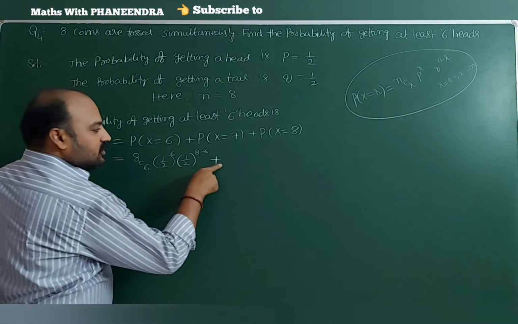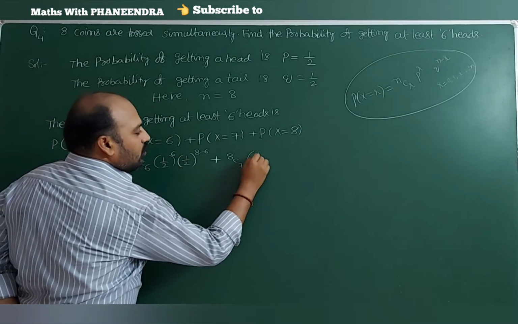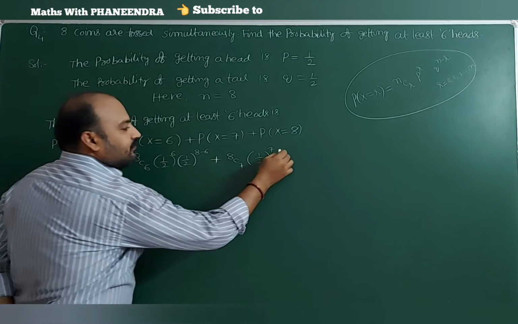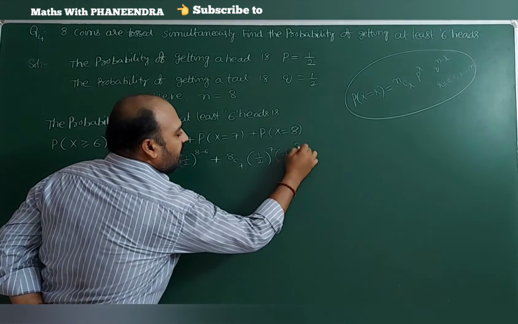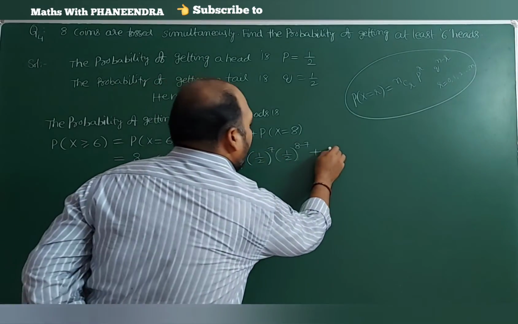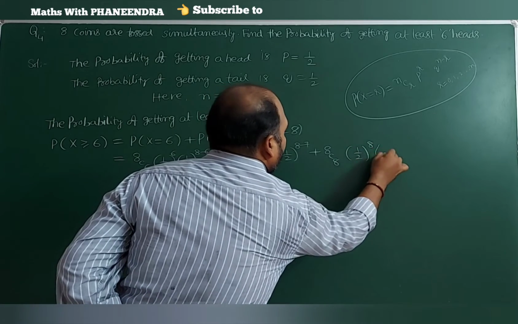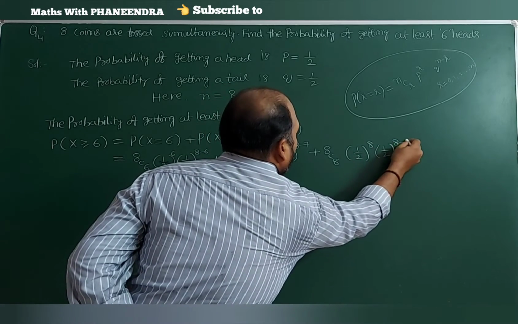First one is over. Come to the second one, 8C7 (1/2)^7 (1/2)^(8-7), plus 8C8 (1/2)^8 (1/2)^(8-8).